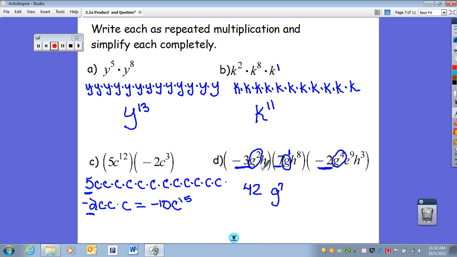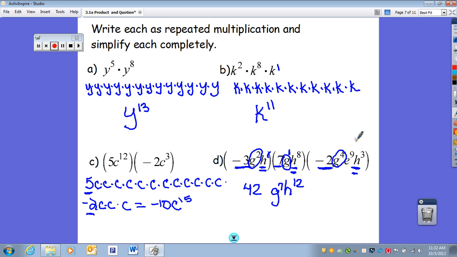Then I have an h that's by itself, so that's h to the first power. I have an h to the 8th power, and I have an h to the 3rd power. So I have 1 plus 8 is 9, plus 3 is 12. So I have h to the 12th power.